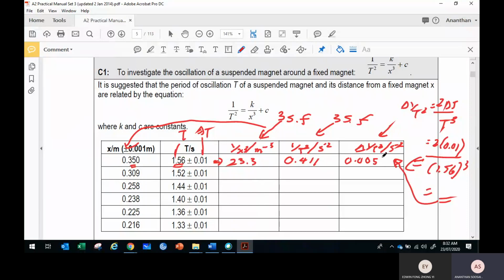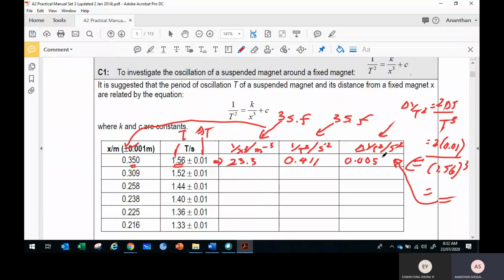What did you do last time? The 0.411 you made 0.4, the same decimal place. Now for A2, 0.411, no change. You leave it as 0.411. The error, which you got 0.1, you add another 2 zeros at the back to adjust the error to the decimal place of the value.